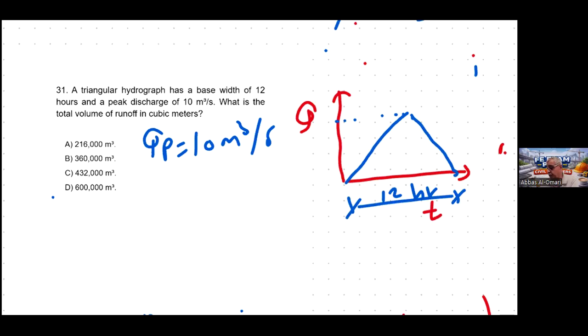So the hydrograph is triangular. So the total runoff, let's call it V. Q is cubic meters per time, V is cubic meters. So we simply determine the area, which is half by 12, and we have to take care of the units.